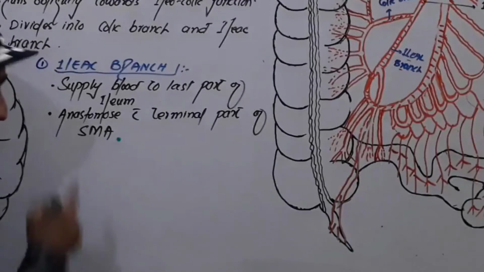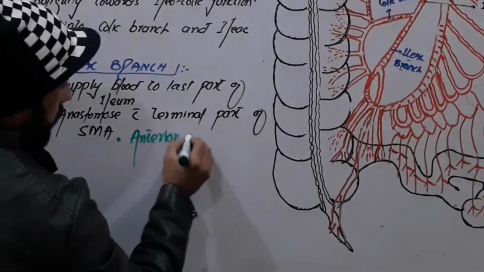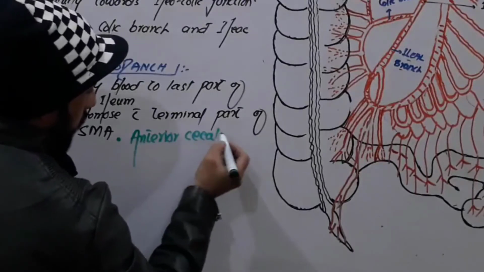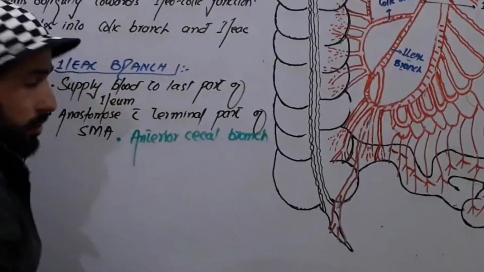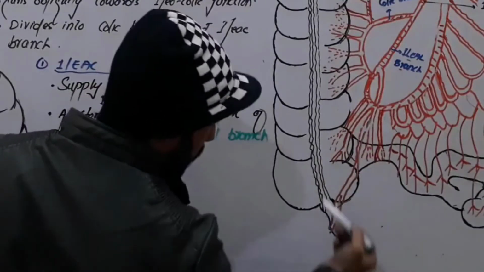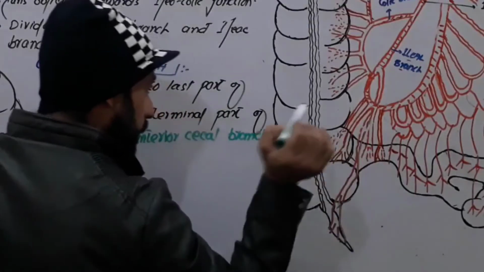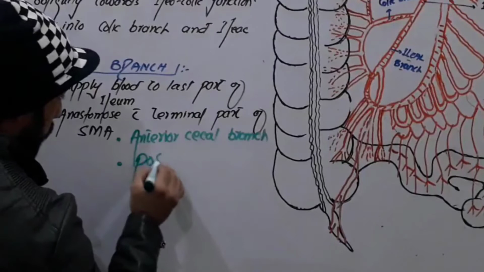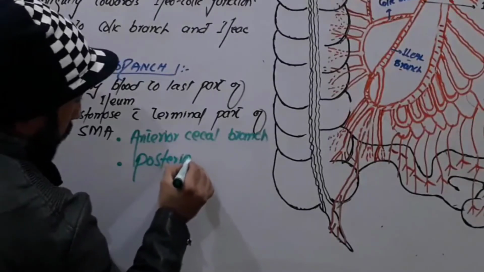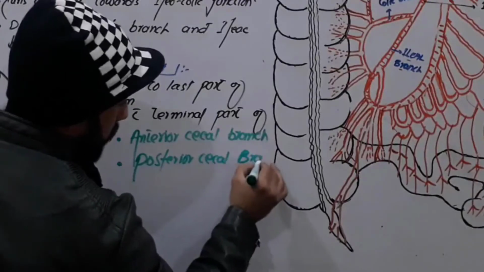The sub branches from it are the anterior cecal artery or branch, which is coming towards the cecum anteriorly, and you can see here this is shown in the dotted manner. That's why this artery is posterior, so we say the posterior cecal branch, right?